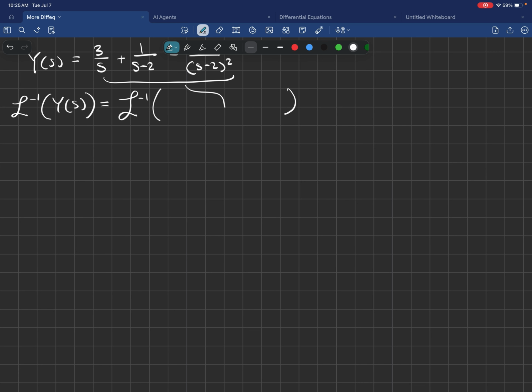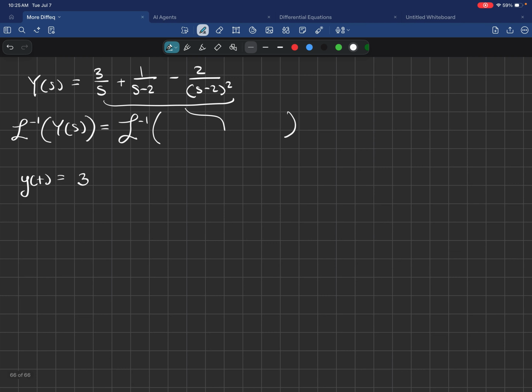So the inverse Laplace of 3 over s is just going to be 3. And again, this is what we're setting up for our y of t. So it's going to be 3. The inverse Laplace of 1 over s minus 2 is just going to be e to the 2t.